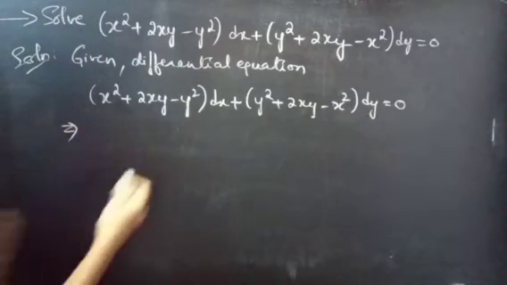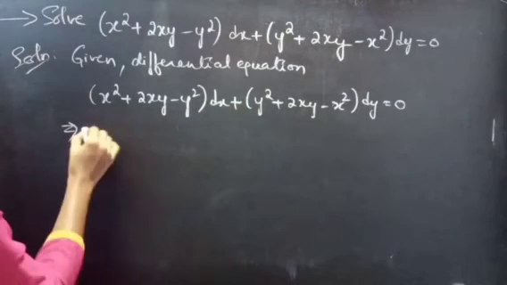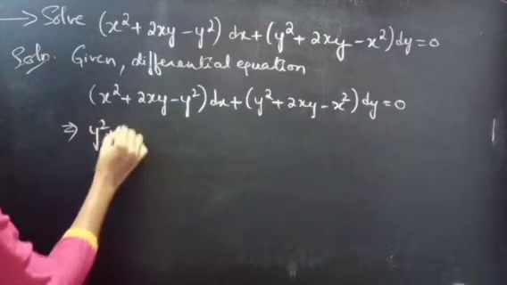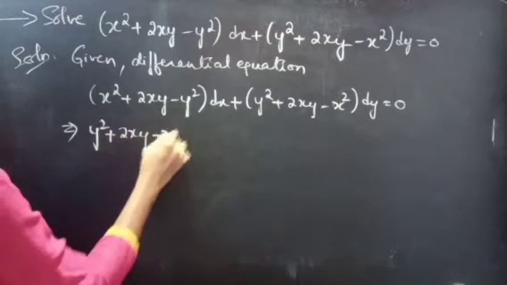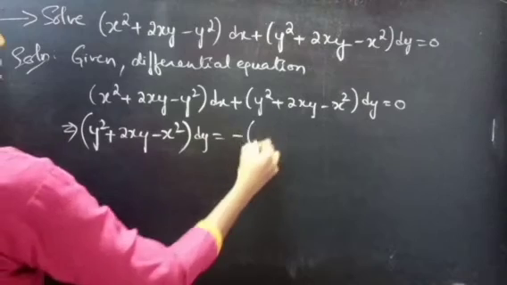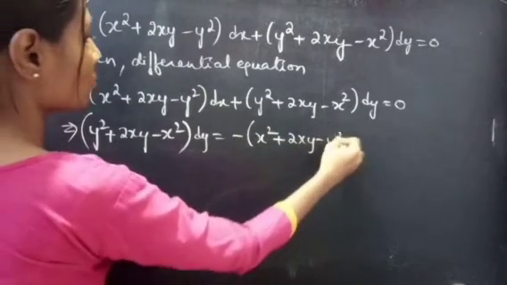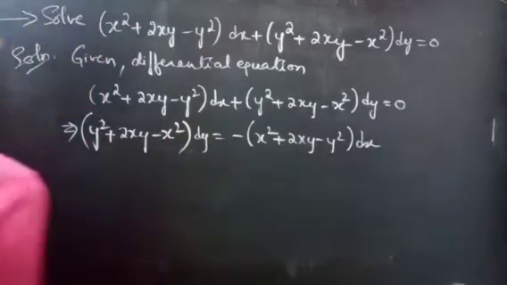Now, let's take the term involving dx to the RHS. Then we'll get (y² + 2xy − x²) dy = −(x² + 2xy − y²) dx.